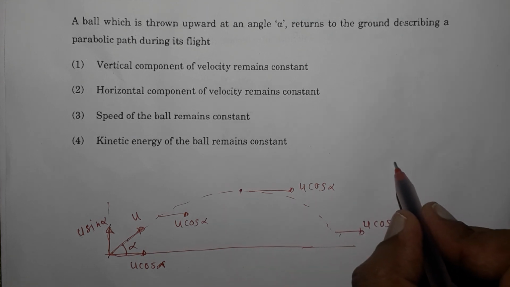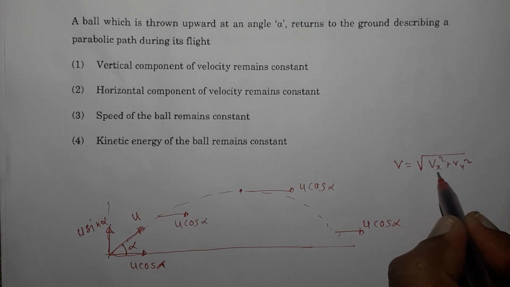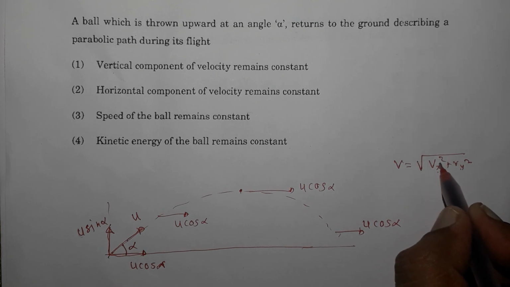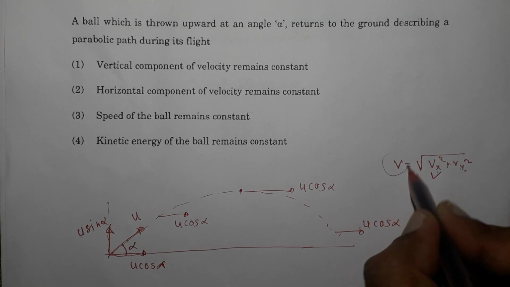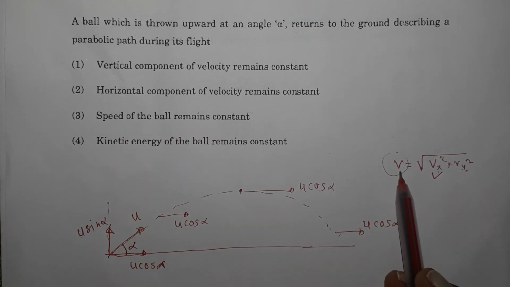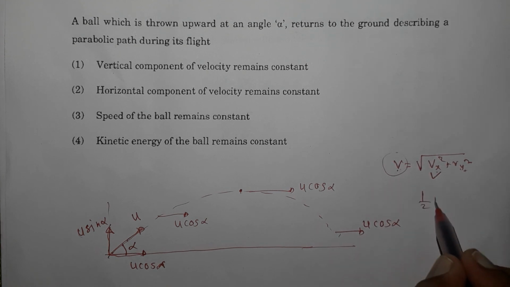Now if we want to get the speed at any position, speed is given as the square root of vx square plus vy square. Vx is the x component, Vy is the y component of velocity. So this component is constant, but this is continuously changing. As such, V will also be changing. It means that speed of the ball does not remain constant. Now kinetic energy is given as 1/2 mv square.